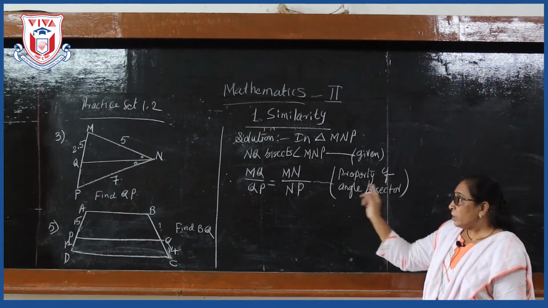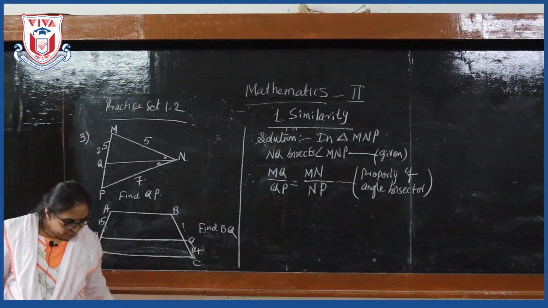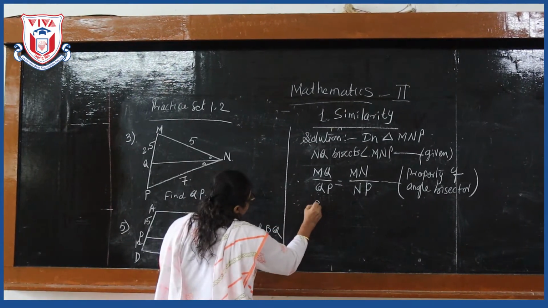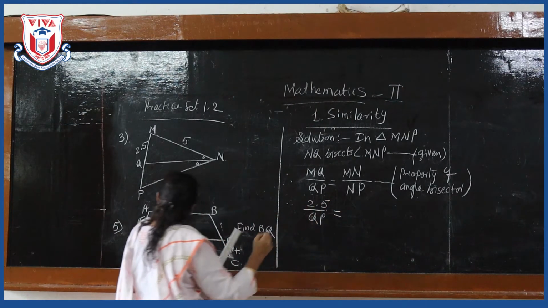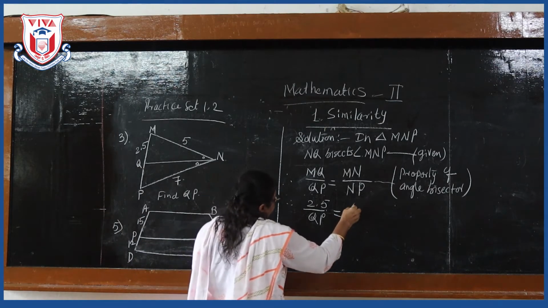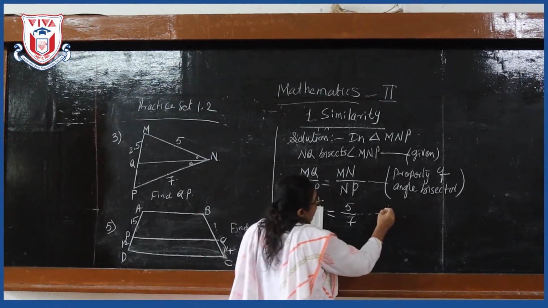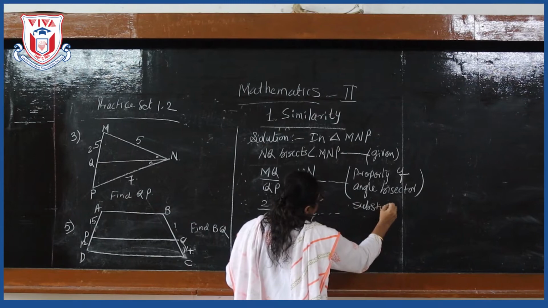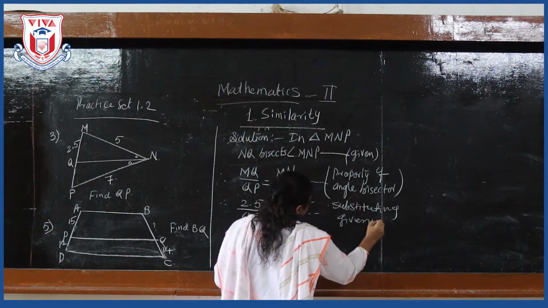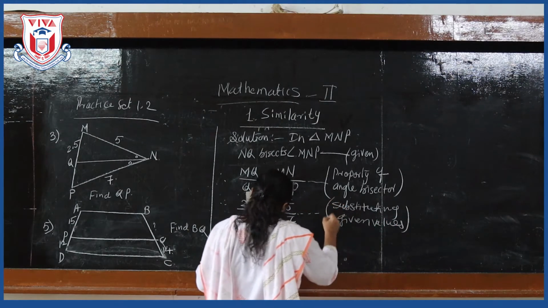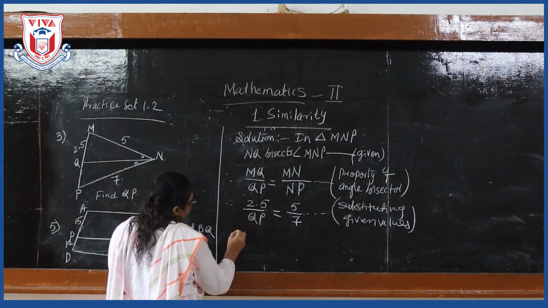Now you can substitute the values which are given to us. MQ is 2.5, QP we have to find out, MN is 5 and NP is 7. Substituting given values, now you can solve it by using cross multiplication.